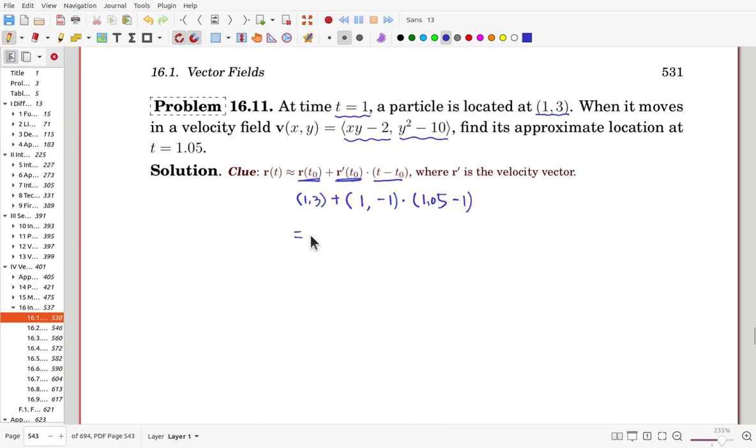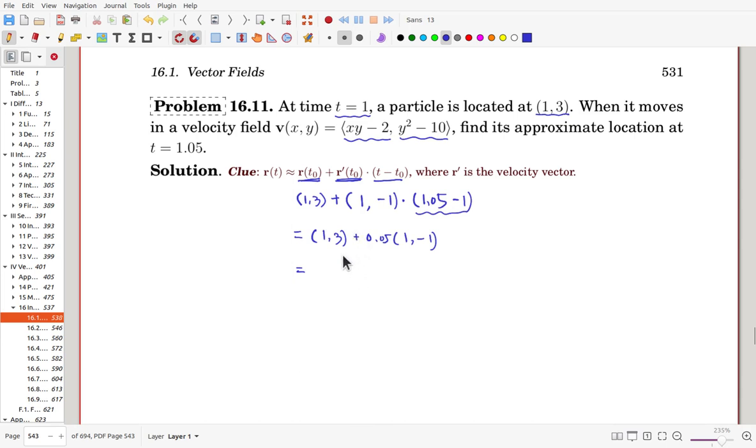So we have here 1, 3, plus this quantity, 0.05, times 1 and minus 1, right? Okay. So we can see that, that is plus, not minus, I'm sorry.